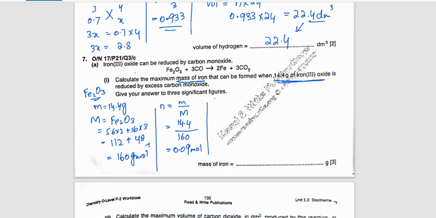Now let's compare the Fe2O3 with the Fe. It's 1 mole produces 2 moles of Fe, 1:2. And if we have 0.09 mole, what will be this x? So x is equal to 2 multiplied by 0.09, so 0.18.